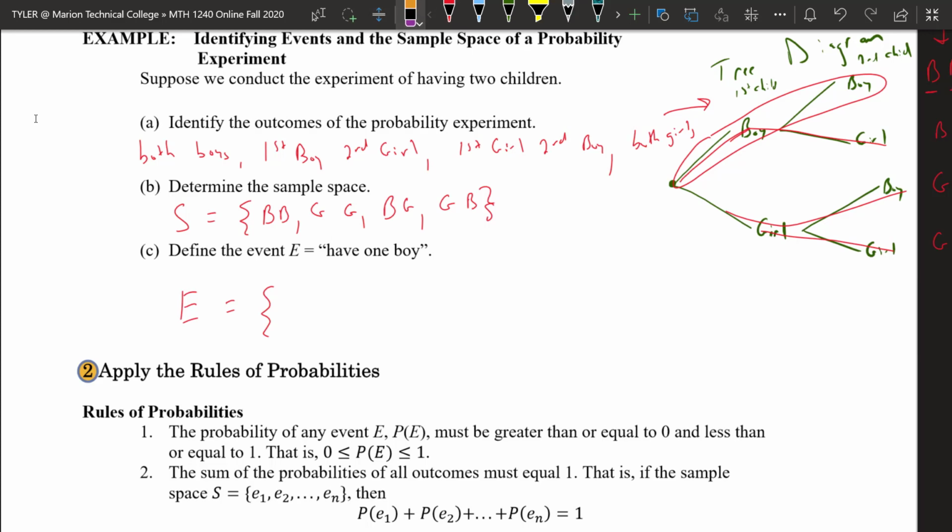Those are together. But BG and GB, both of those cases, so having a boy and then a girl, or a girl and then a boy, both of those cases define having 1 boy. Both of those meet that.